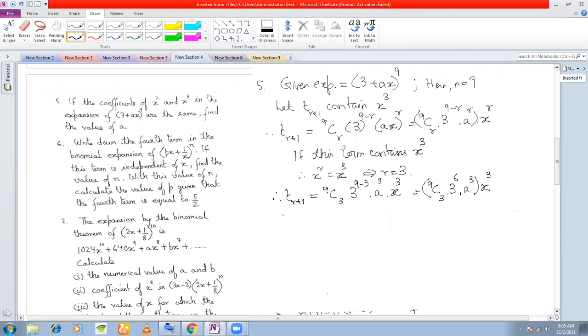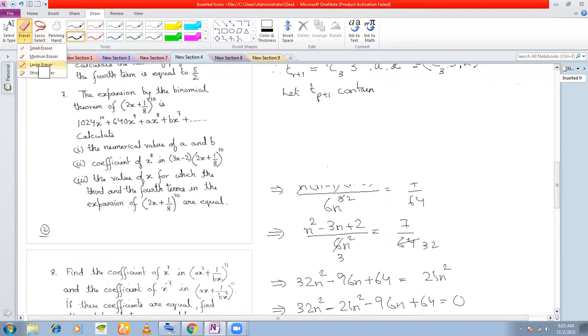So I say let T(p+1) contain x square instead of T(r+1), because I have taken that as x cube. So I take this as T(p+1).